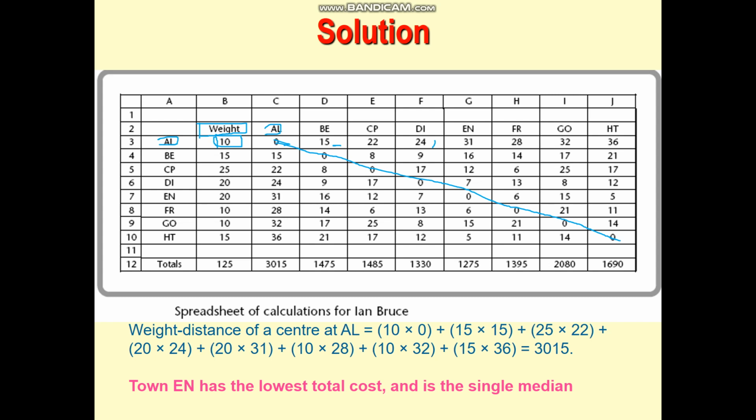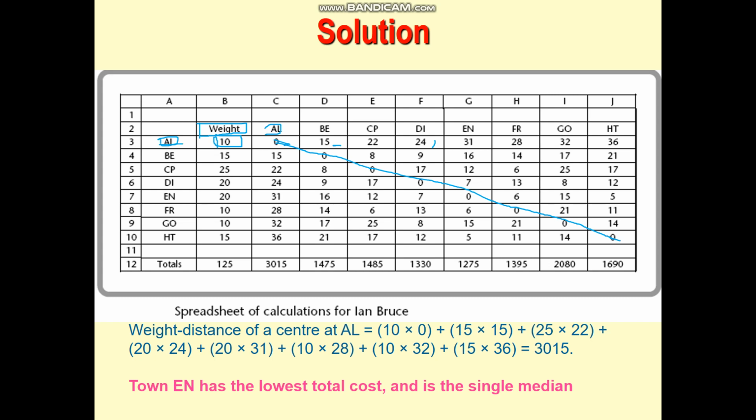Okay, then the next step. After we know the distance and the weight, the weight is the input, and the distance you have to find yourself as the smallest distance. So we can calculate the weighted distance value.